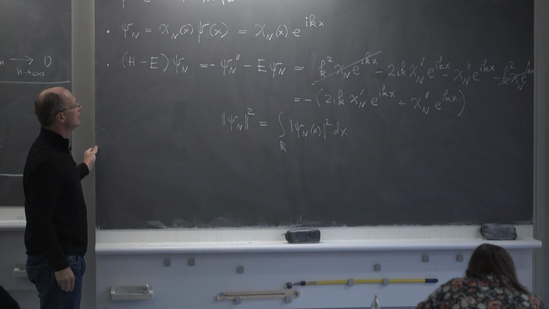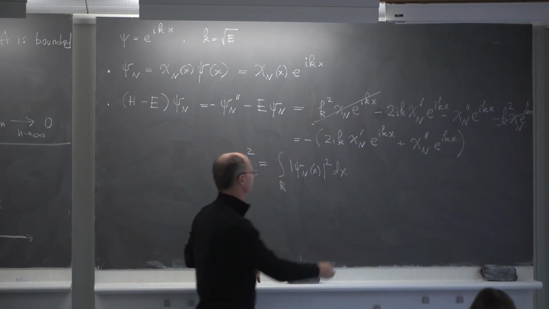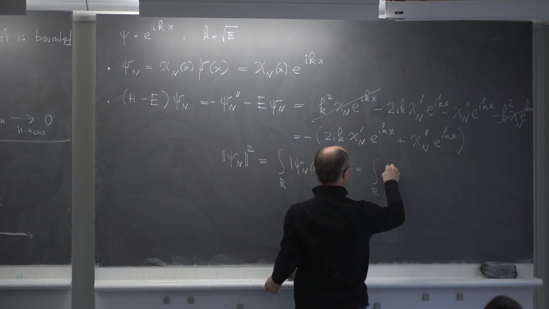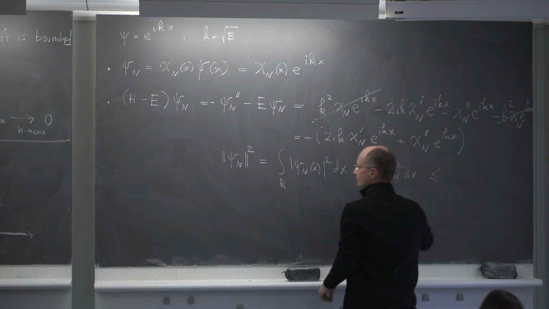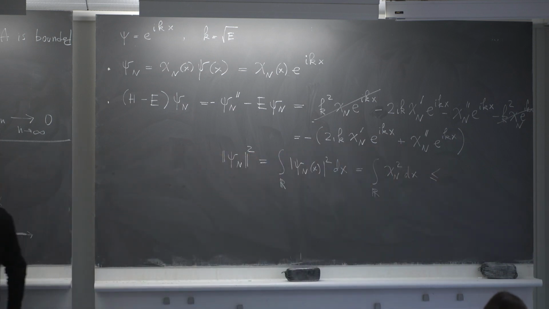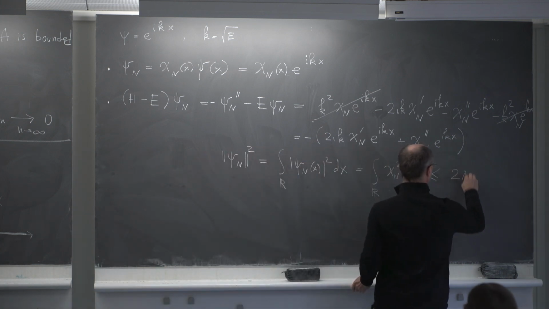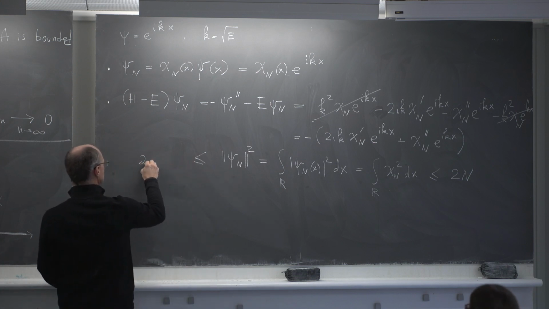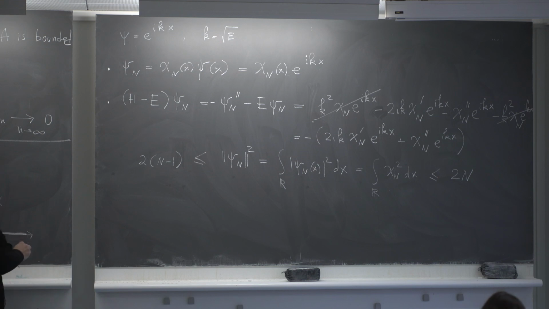And note that this phase factor will simply disappear. So this is equal to the integral over R of chi n squared dx. Just looking at the graph, this is bounded from above by 2n. This is bounded from below by 2n minus 1.